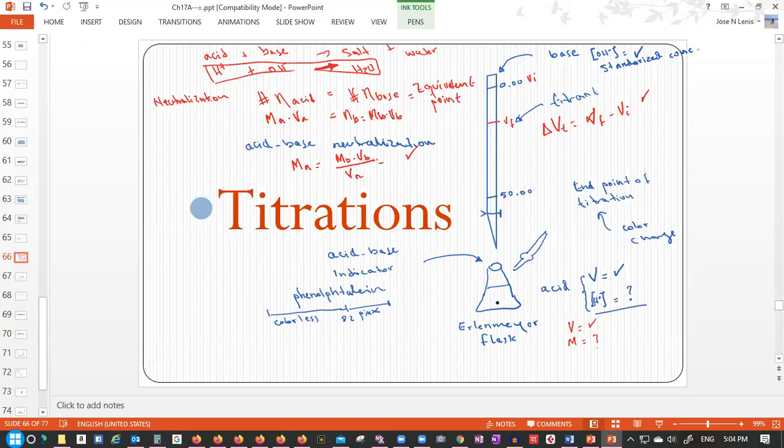You put a probe here with the pH meter, so that's going to be a potentiometric titration. And what you need to do is just follow the pH changes, and you know what pH is going to indicate the equivalent point. So you need to know exactly what is the pH of that for the neutralization.